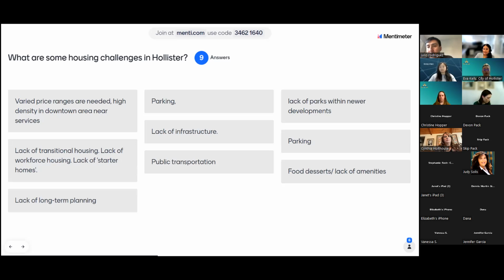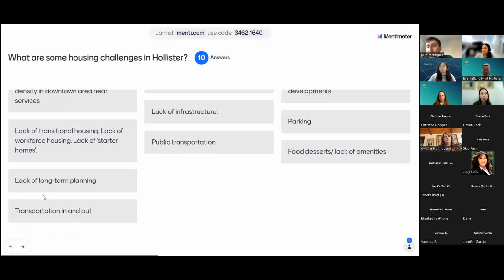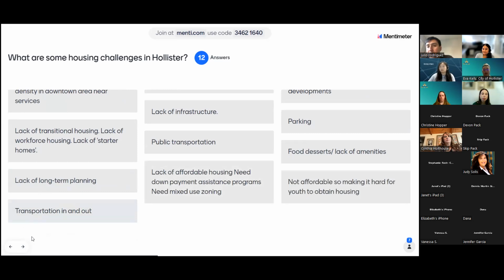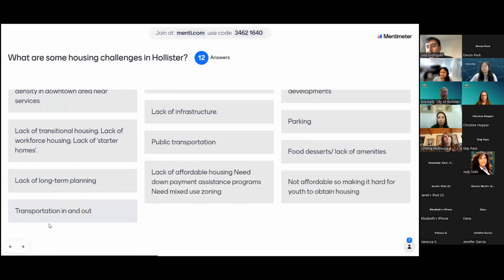And again, for anybody that may have joined a little bit later, all the feedback that we get here will be used to help develop our policies and strategies that are included in the housing element. Transportation seems to also be a trend. Yep, Devin, I see a hand up.